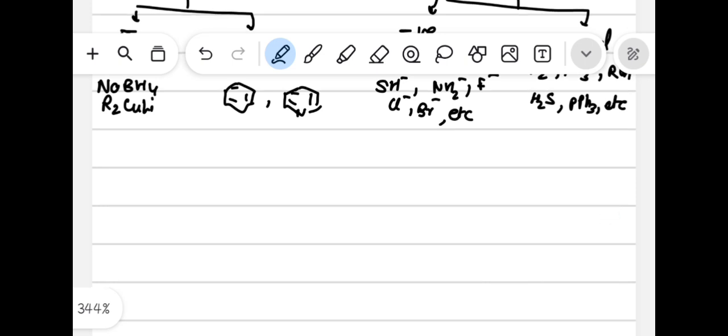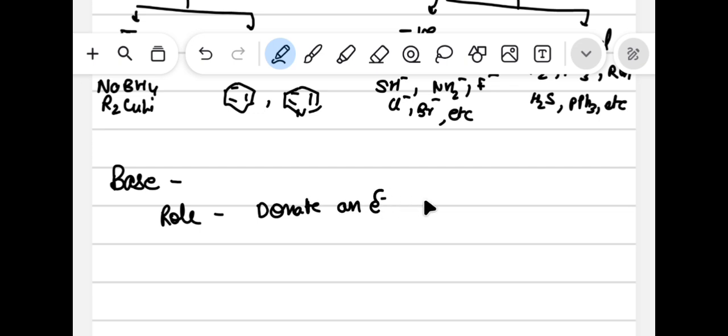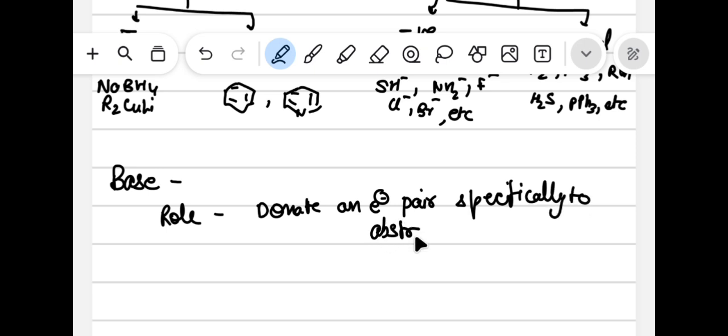Now coming to the next topic, that is base. So the role of a base is to donate an electron pair, specially to abstract the hydrogen ion, that is a proton.